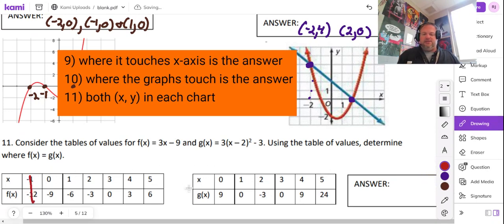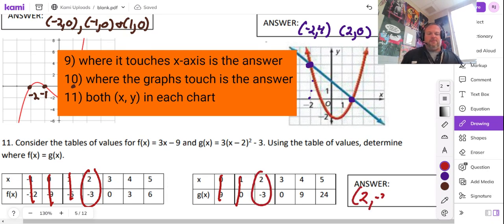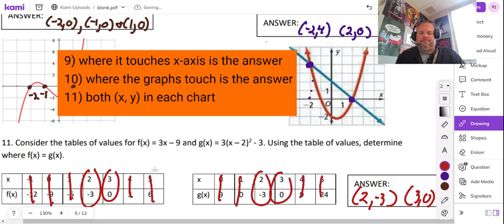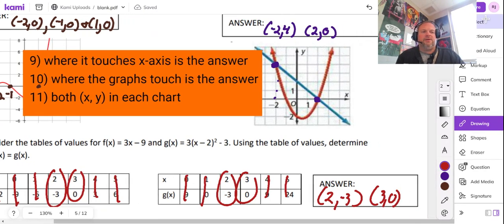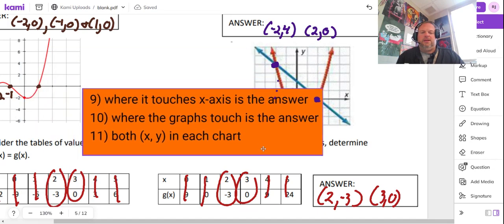So this one matches. So we have a 2, -3, and we have a 3, 0. Okay, so there's our answers for that.